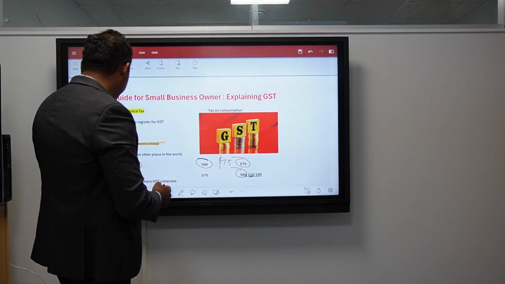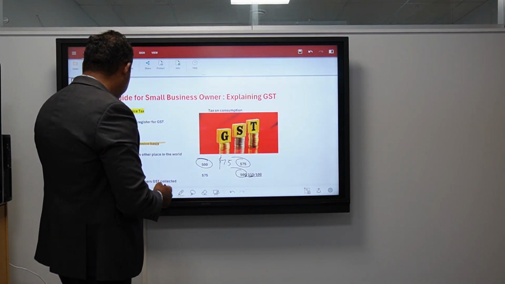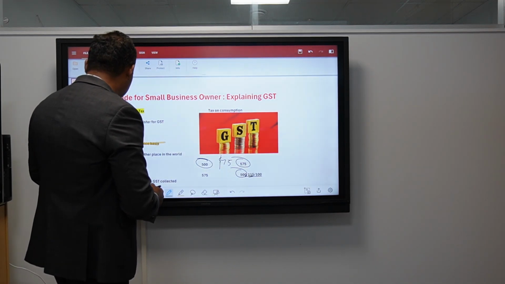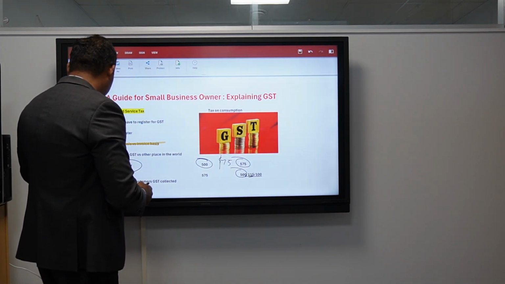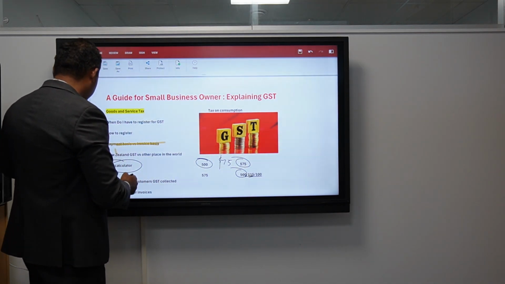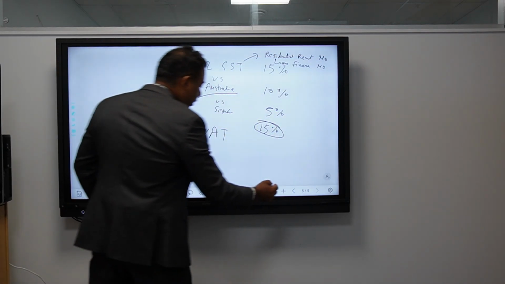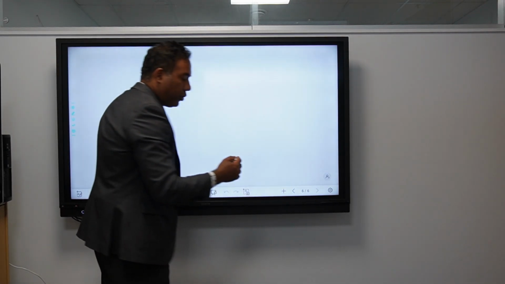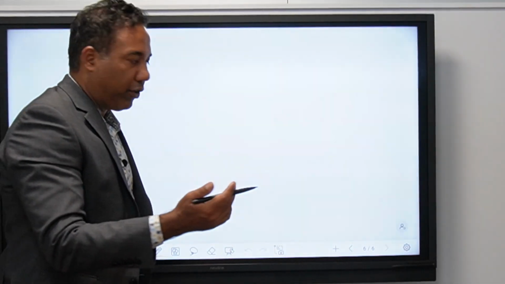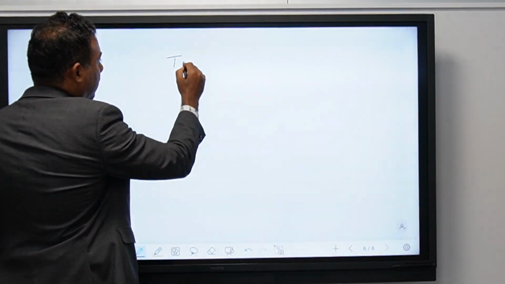Very quickly, GST to customers and GST billed by suppliers. So how does that work? When you're invoicing your customer, this is the tax invoice.